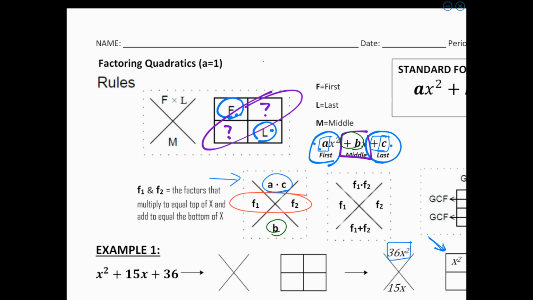So that is why I included that on there, because I needed you to be thinking in those terms to get ready for today's lesson, because that's a crucial piece of what we're doing today. We're undoing this puzzle. So whatever numbers that we have here should multiply together to give me this top number, and they're going to add together to give me that bottom number.